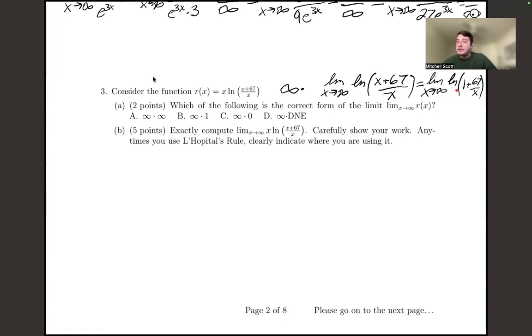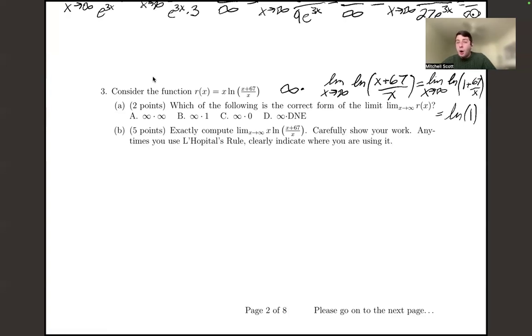We would have to see that as x gets really, really big, the only place where x shows up is here. And as x gets very big, no matter what the constant is, it's going to be equivalent to a 1 over infinity, which goes to 0. So then this is equal to ln of (1 plus 0).